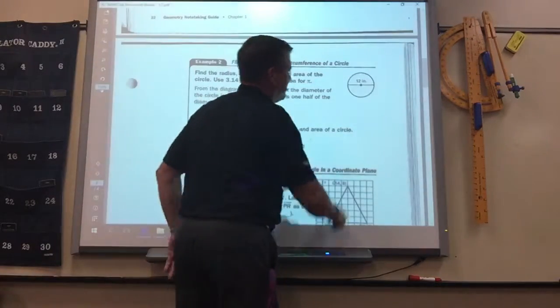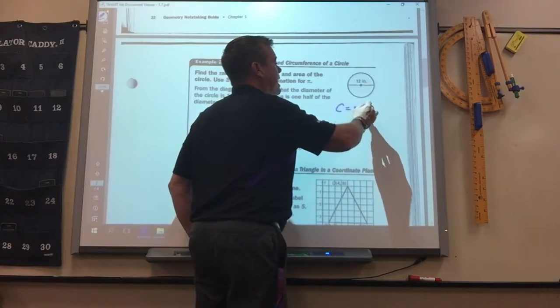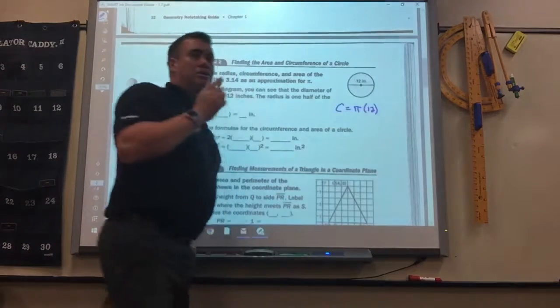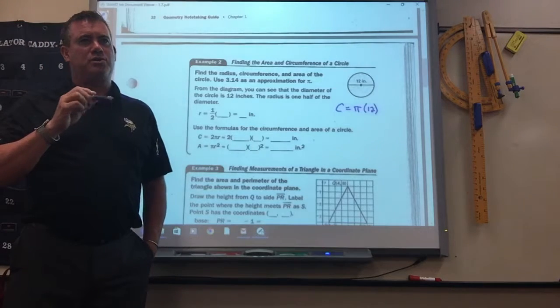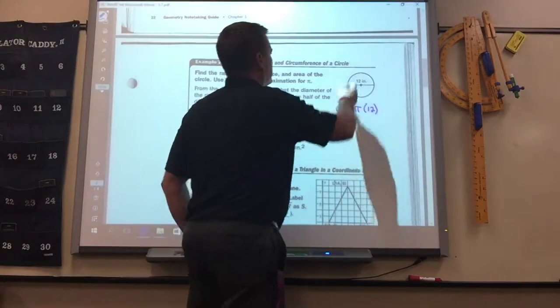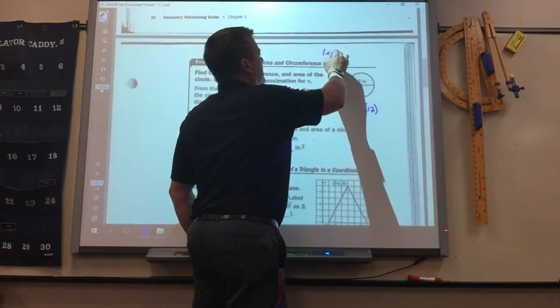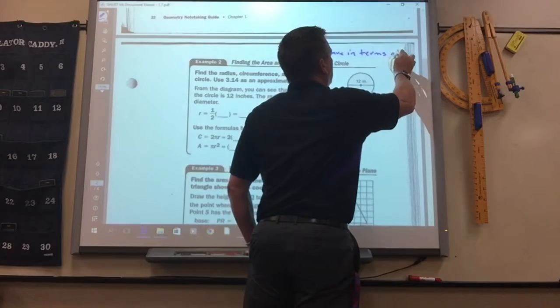Area. First of all, let's do the circumference. Circumference is just pi times diameter. Now, you'll notice in this book, actually next year it's more so in Algebra 2, but a little bit in here, when they tell you to find the circumference, they'll say, leave in terms of pi.